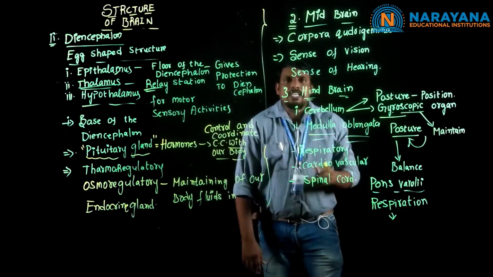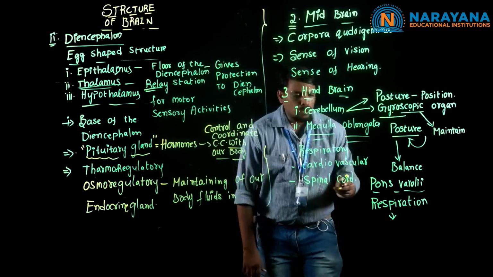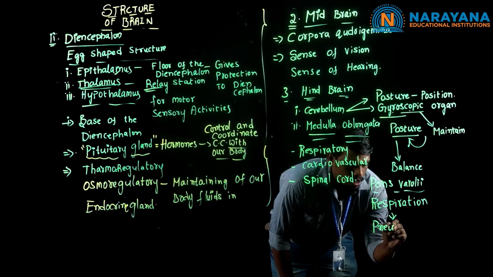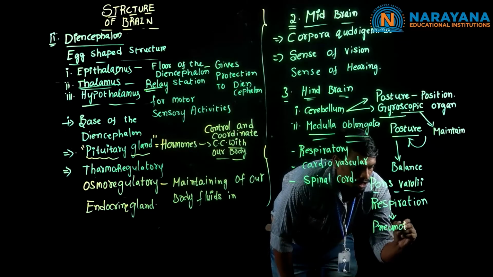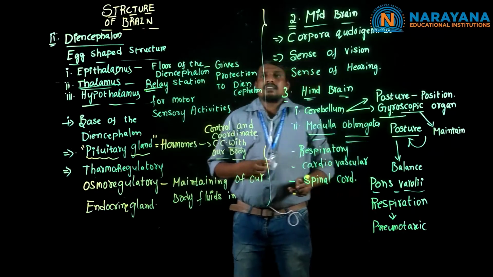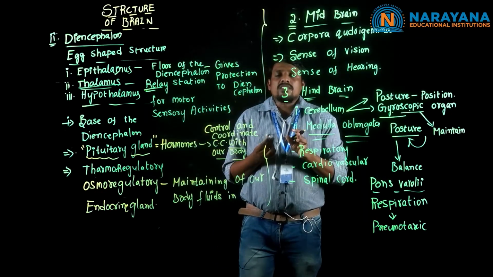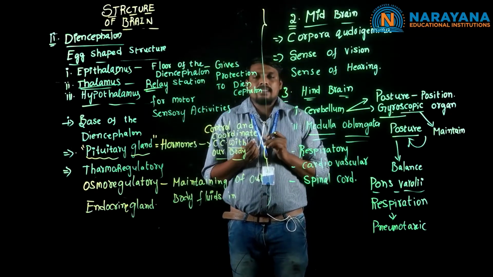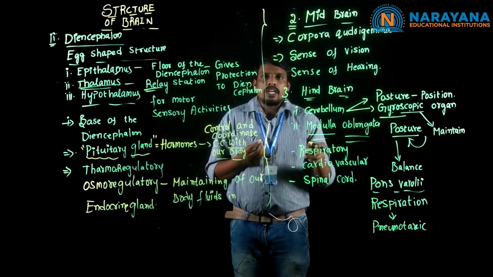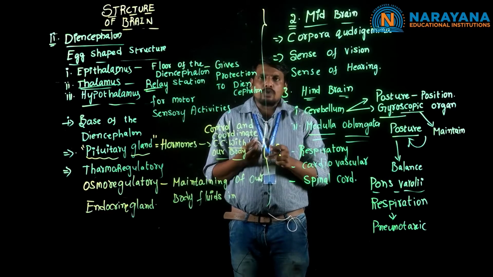Respiration includes inspiration and expiration. During inspiration, gases are diffused into the blood, isn't it? When the gases are diffused into the blood, the concentration of the blood increases, isn't it? To maintain this concentration, pons varolai plays an important role.